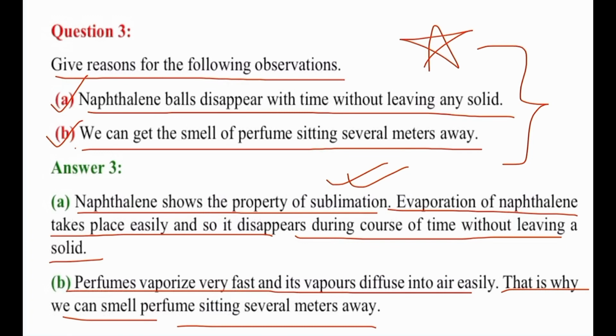These perfume particles diffuse among the gaseous particles very easily and at a very fast rate. Thus, we can smell perfume even sitting several meters away, because as we have already discussed, perfumes contain a volatile solvent and they can reach a person even when he is sitting several meters away. So I hope it's clear.